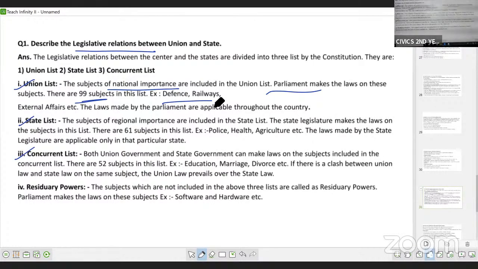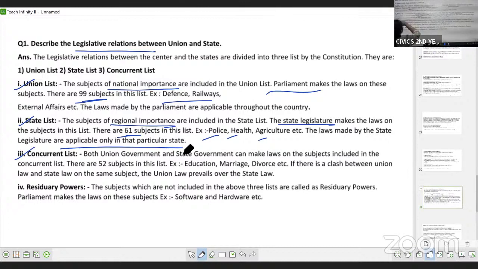Under the state list, you have subjects which are of regional importance. The state legislature will make laws on the subjects in this list. You have 61 subjects here: police, health, agriculture, etc. The laws made by the state legislature are applicable in that particular state.